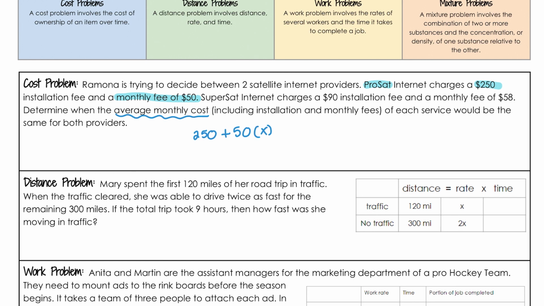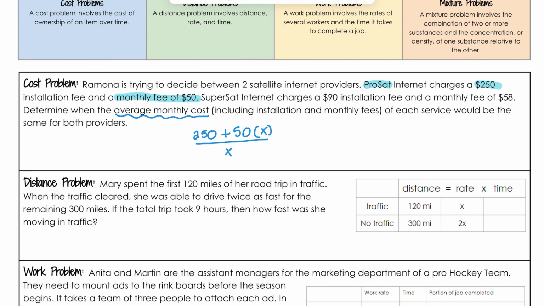So you pay $50 every month. And then we divide that value by x. So 250 plus 50x is how much you pay for all of the months total, and then we divide by x to find the average per month.